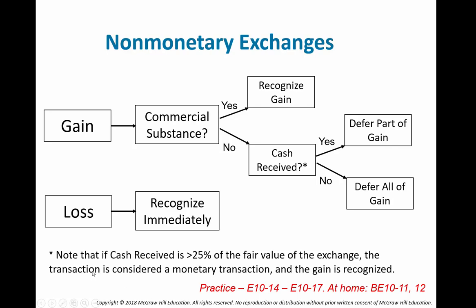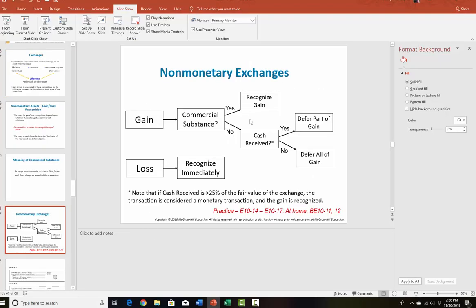And this gets even a little bit more complicated: if the cash that you got is greater than 25% of the fair value of the exchange, then we consider that to be a monetary exchange and the whole gain is recognized. So those are all of our rules. We're mostly going to be looking at situations here in the commercial substance where we recognize the gain, and in the loss where we recognize a loss. All right, so let's look at some examples.